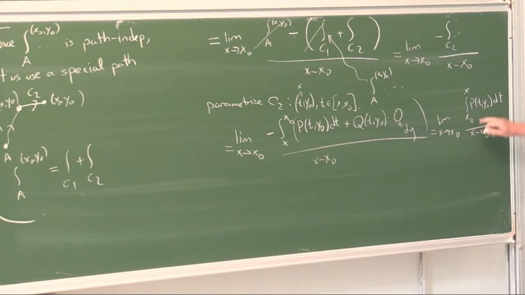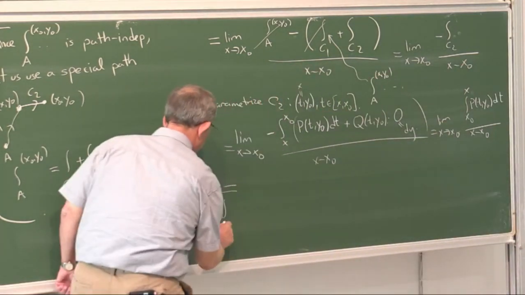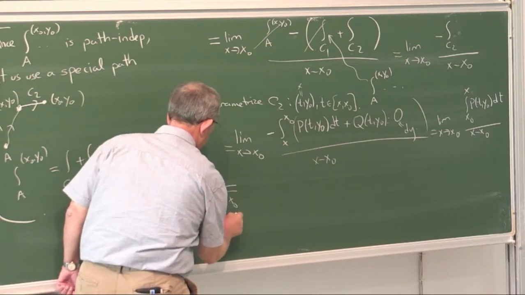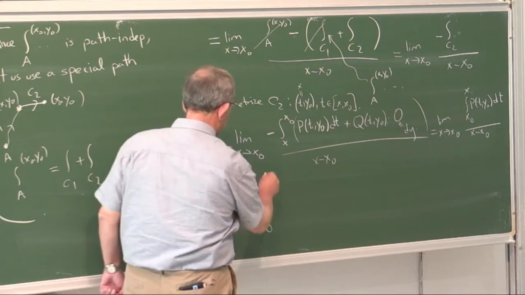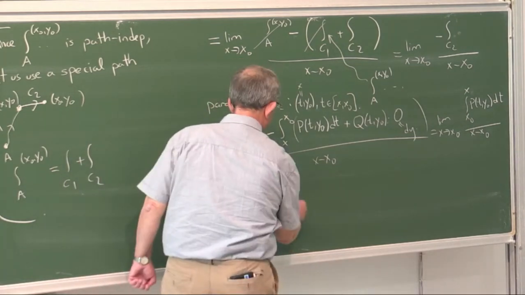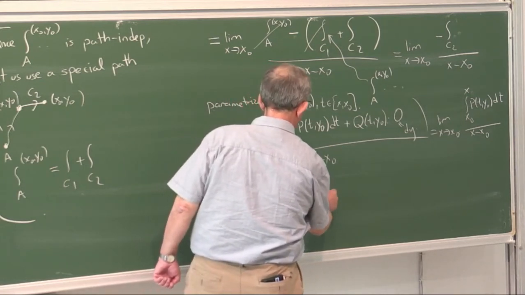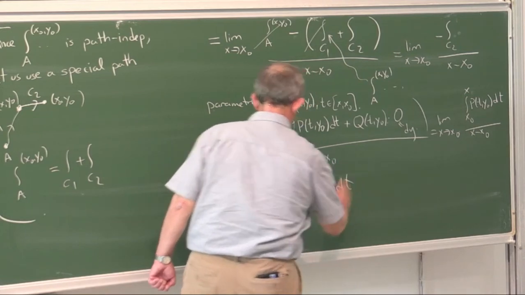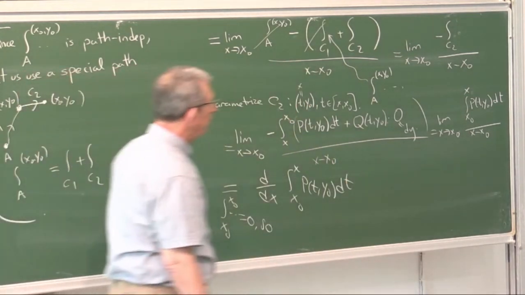Now, since the value at x equal to x0 is 0, this is nothing but the derivative of the integral from x0 to x of P(t, y0) dt, by definition of the derivative in one variable.